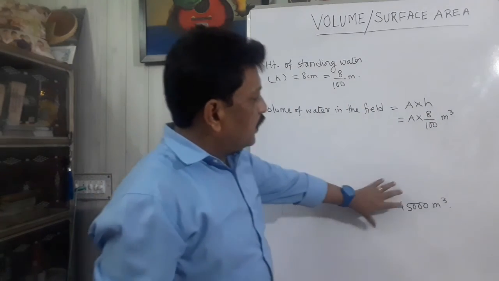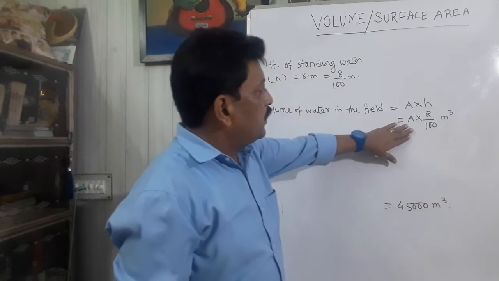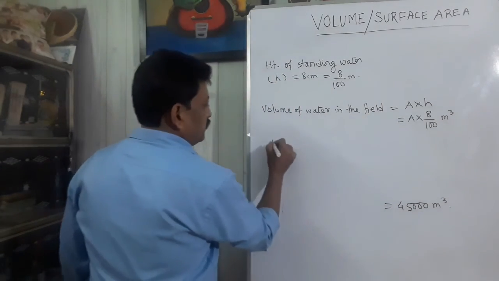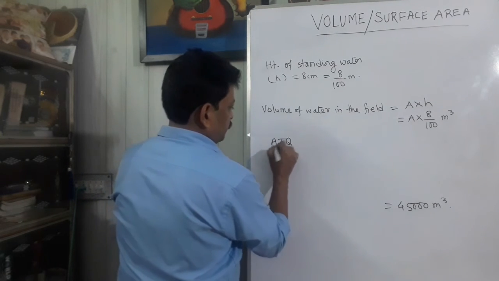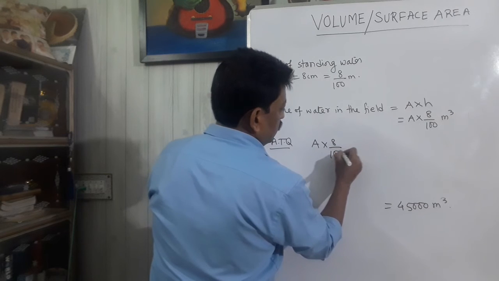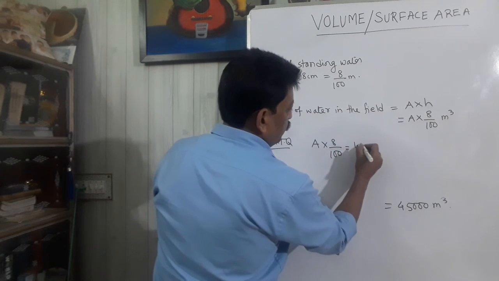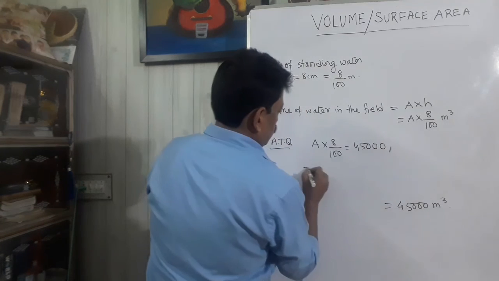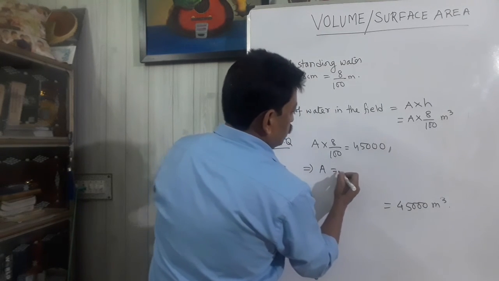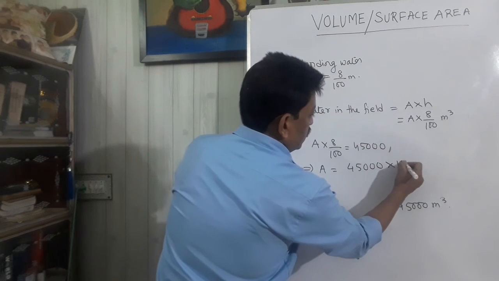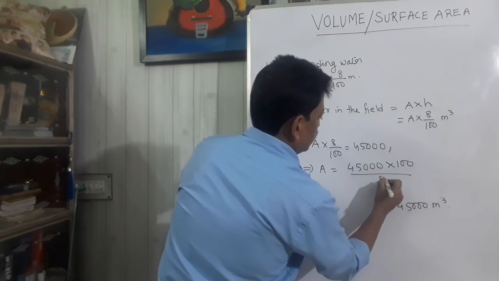Now this volume of water, that is 45,000 meter cube, is flowing into the field for irrigation. So according to the question, A multiplied with 8 upon 100 equals to 45000, which implies A equals to 45000 multiplied with 100 divided by 8.